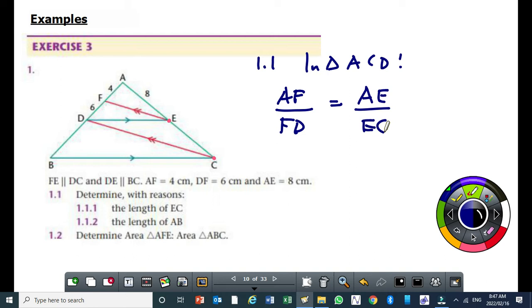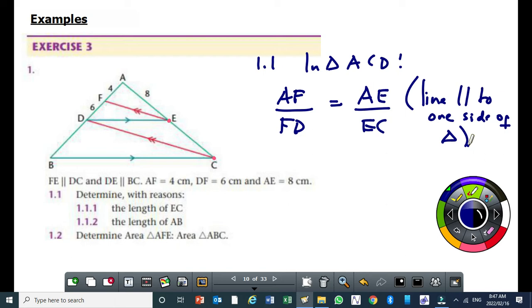AF over FD is going to be equal to AE over EC. Then you must write the reason. My reason is line parallel to one side of triangle. That's my reason. Normally you get a mark for that reason.